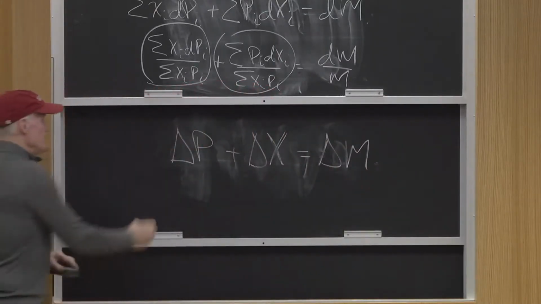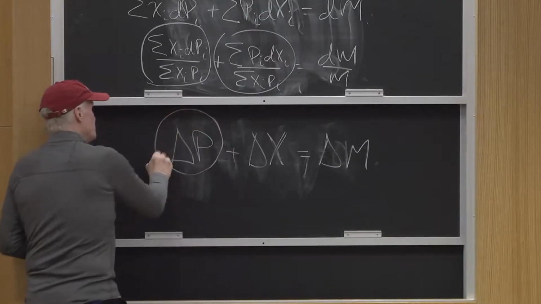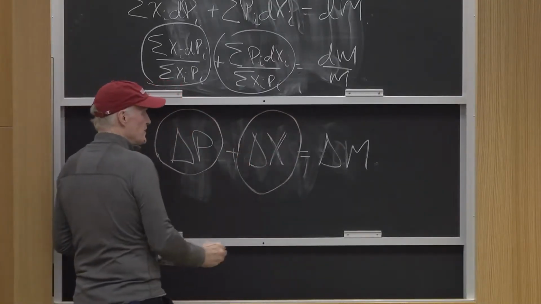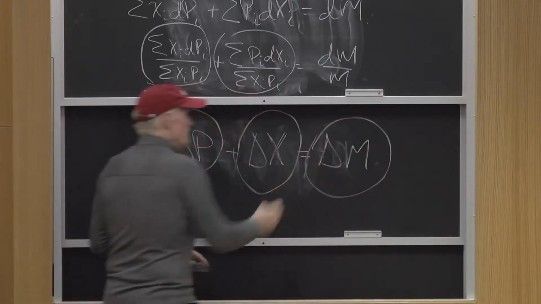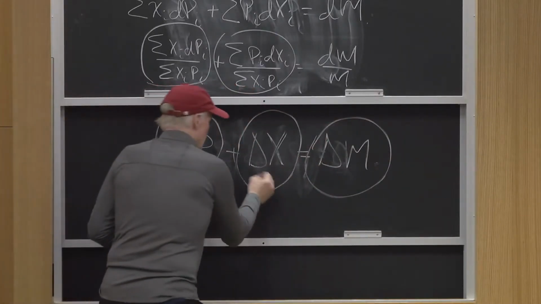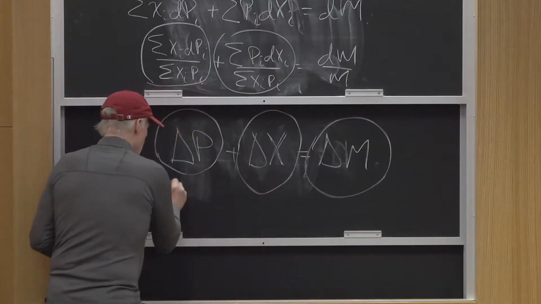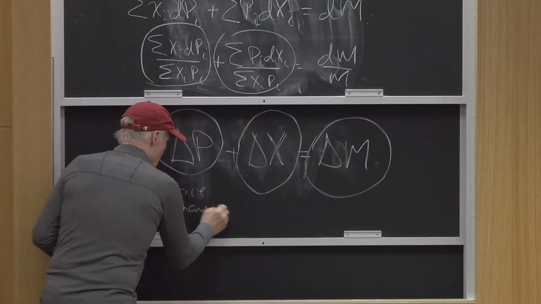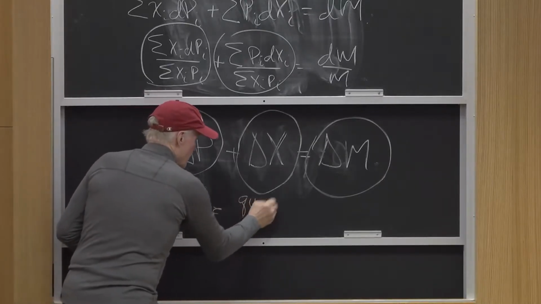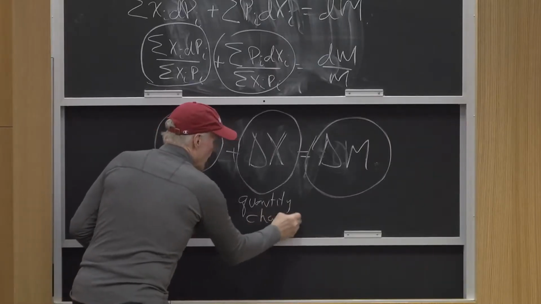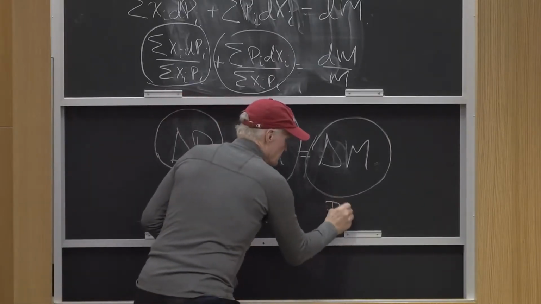And I'm going to say this is the percentage change in prices, this is the percentage change in consumption, and this is the percentage change in income. And I want to call this price change, quantity change, and this is the income change.